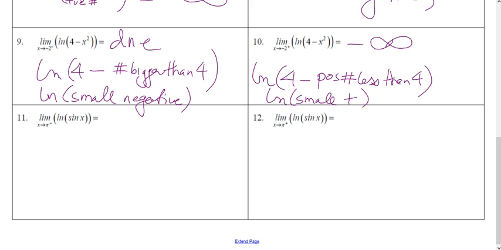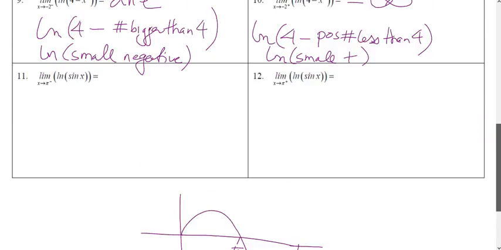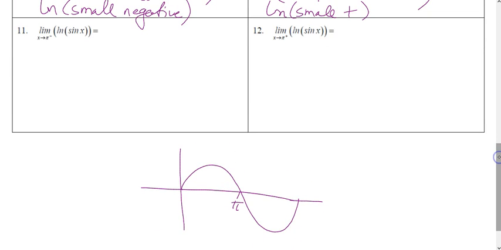All right, 2 more. My watch is restarted. x approaches pi from the left. Now, this one I just made up right now. Show me a sine. Okay, so there's pi.